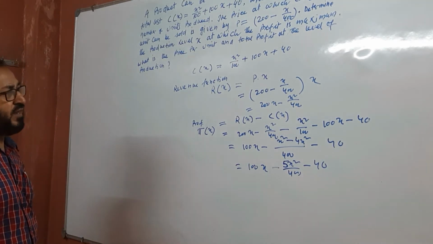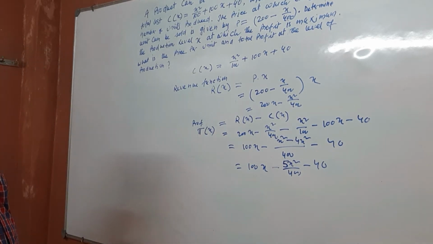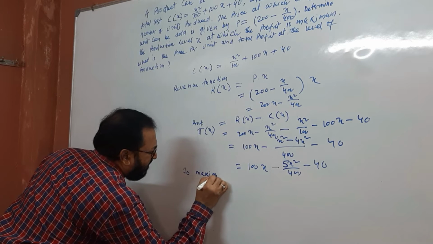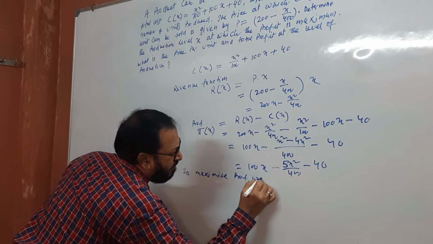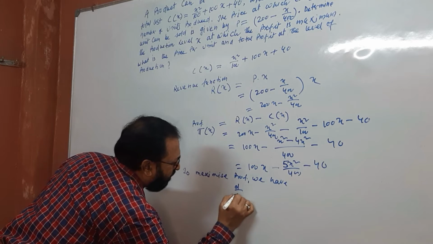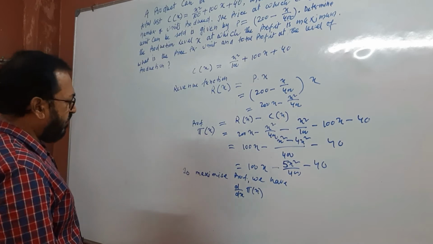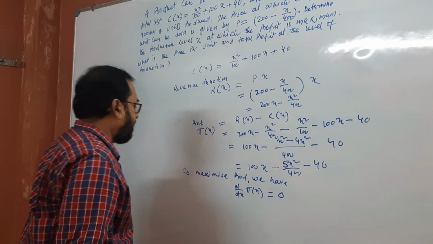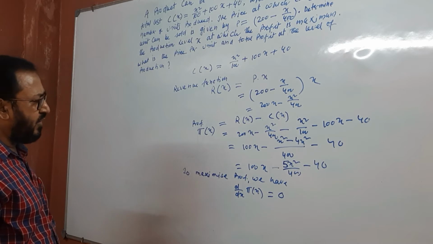Now the profit has been found, then we have to maximize it. प्रॉफिट को मैक्सिमाइज करना पड़ेगा. प्रॉफिट को मैक्सिमाइज करने के लिए इसमें डेरिवेटिव का एप्लीकेशन करना पड़ेगा. To maximize profit, we have d/dx of pi(x) equal to 0.